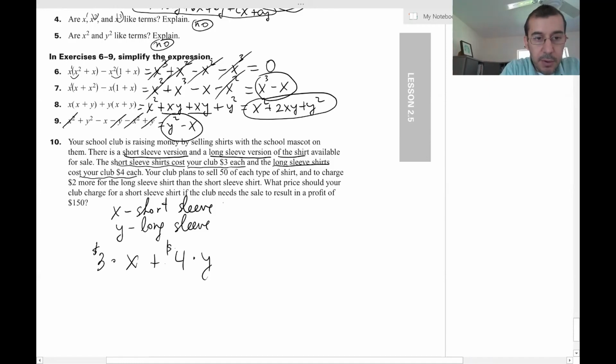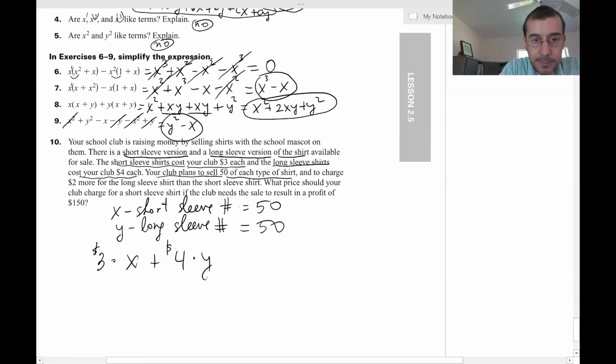And this is the number of short sleeve shirts. And this is the number of long sleeve shirts, X and Y. Your club plans to sell 50 of each type of shirt. So X is 50 and Y is 50.